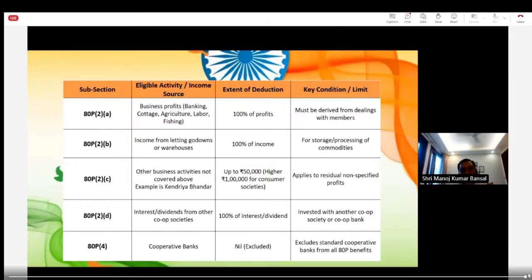If a cooperative society has a surplus fund and parks its fund in a nationalized bank and interest is derived from there, then no deduction under section ATP will be permissible, and the cooperative society is taxed as per the tax rates which were discussed earlier, if they have not opted for the concessional ones under 115 BAD or 115 BAE.